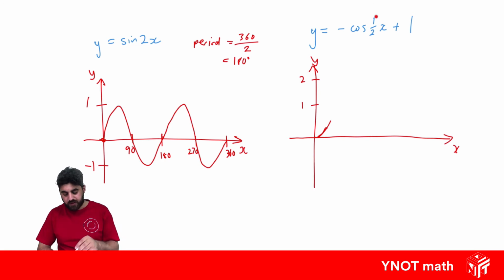Now, between 0 and 360, we're showing half a period. So I'm going to draw a complete one in. A complete cos cycle would look like that.